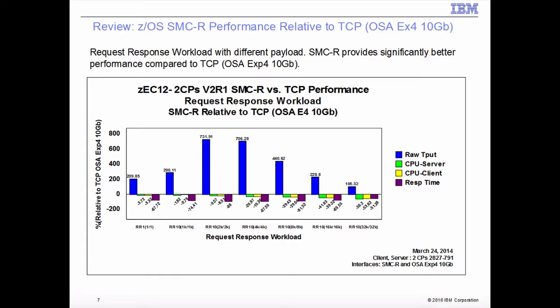So you'll see how the characteristics of the performance increase somewhere around RR10 2K, 4K. And then as we move to the right and start exchanging larger messages, the CPU benefits increase. Over on the left-hand side, it's more about throughput and response time. Over on the right-hand side, it's both latency and CPU savings. And so you'll see the benefits are quite nice as you get out into 8K.